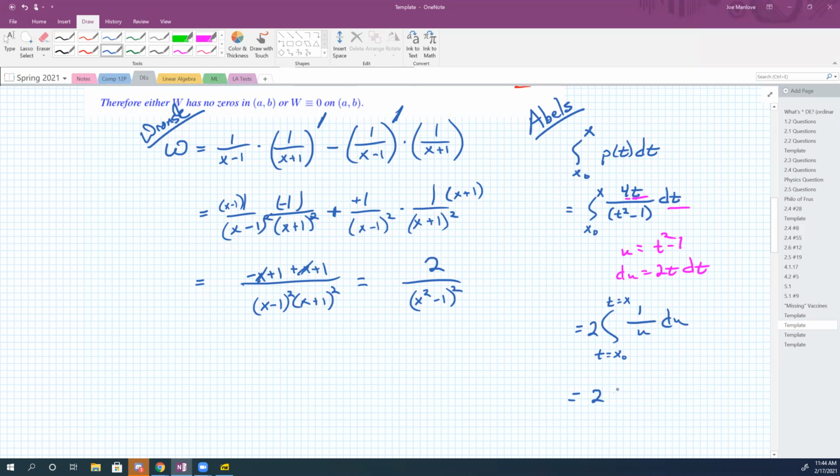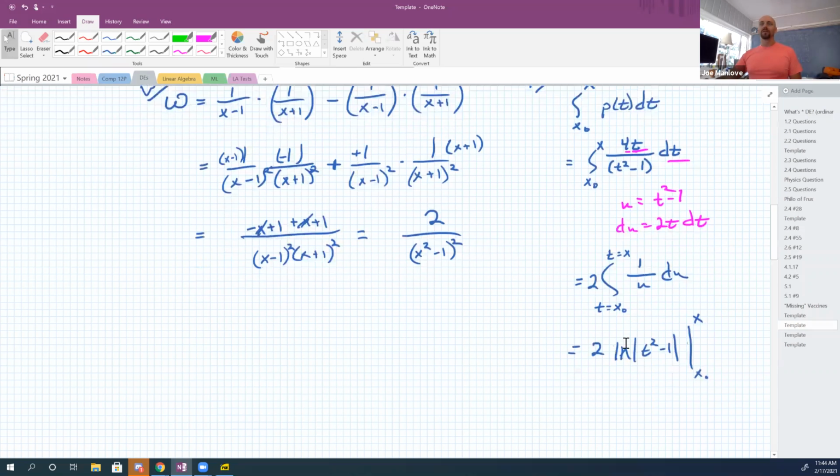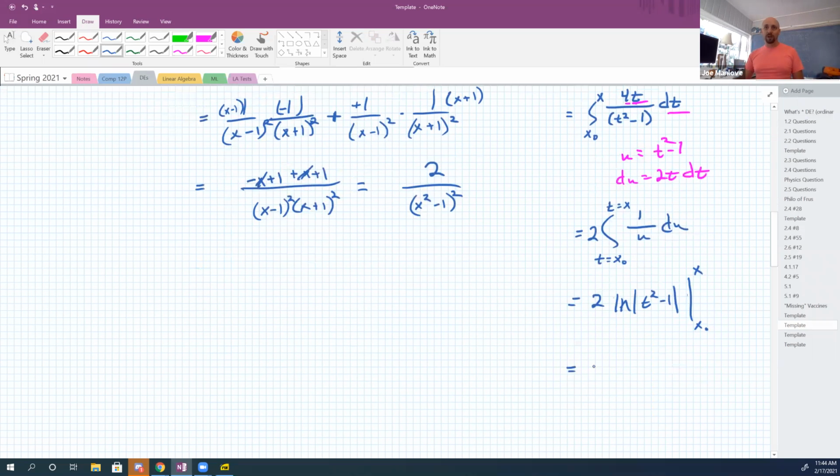Log of u, log of the absolute value of the stuff, which in this case was t squared minus 1. Then I evaluate from x naught to x. So all told, I got 2 natural log absolute value of x squared minus 1, minus 2 natural log absolute value of x naught squared minus 1.